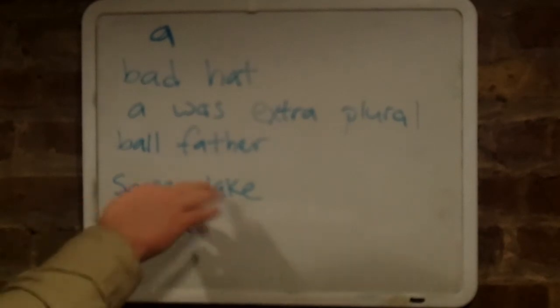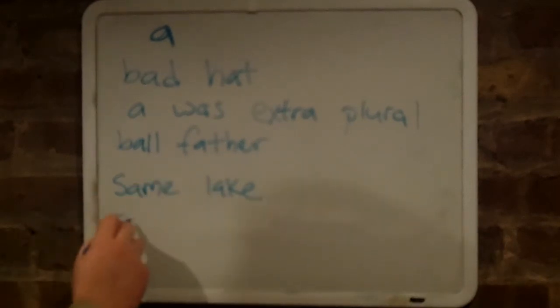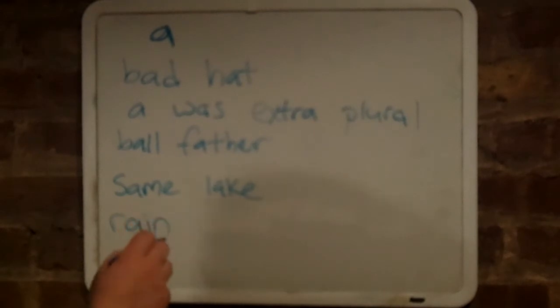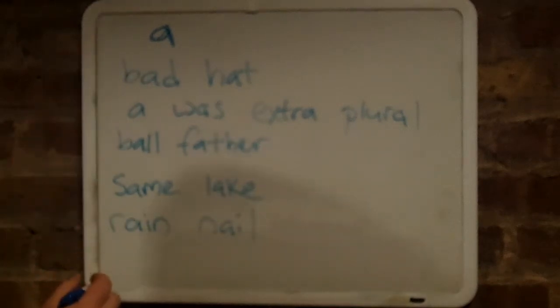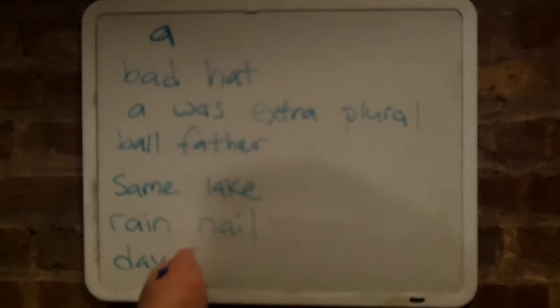Another common pattern for this sound is AI, and you see it in words like rain and nail. And the last combination of letters that makes the A sound for the letter A is AY. You see that in words like day and say.